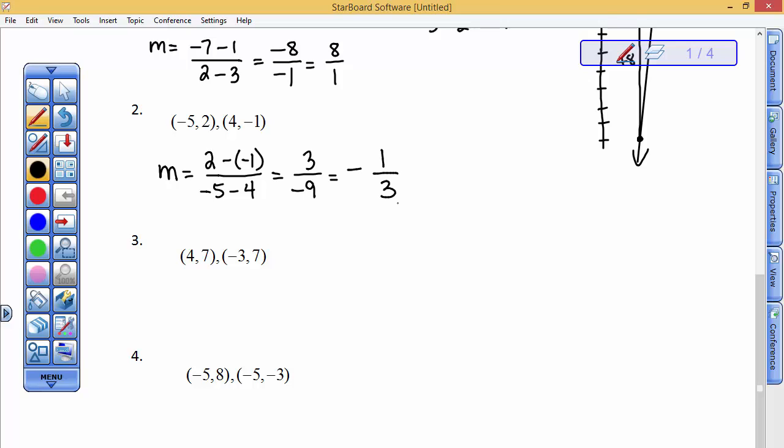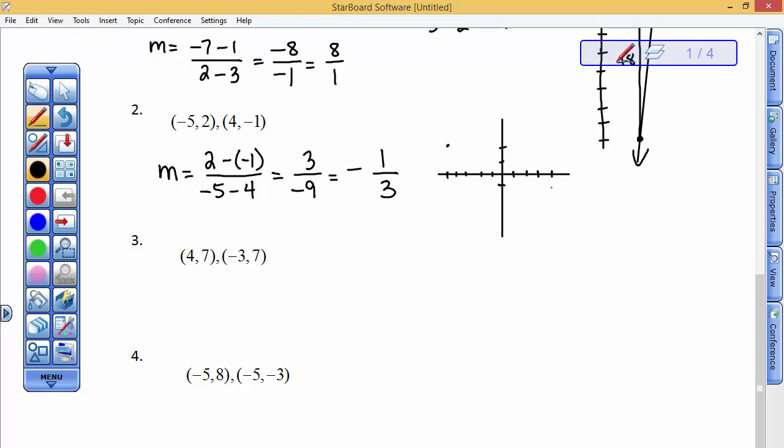Real quickly, let's look at that. So negative 5 comma 2 is to the left 5 and up 2. I'm going to go 1, 2, 3, 4, 5 and up 2. And then 4 comma negative 1 is to the right 4 and down 1.